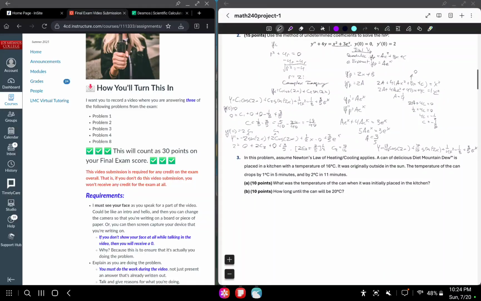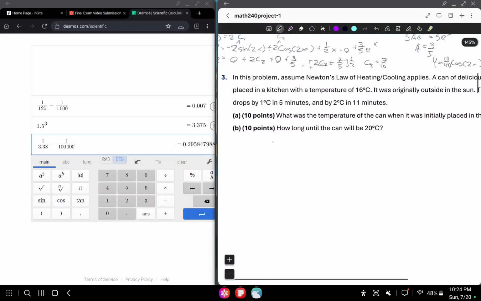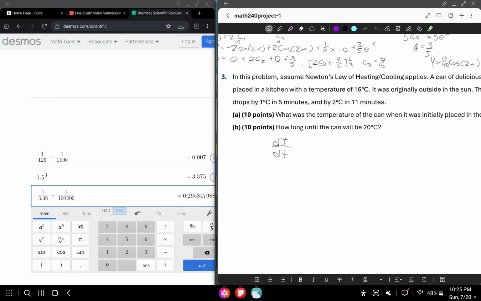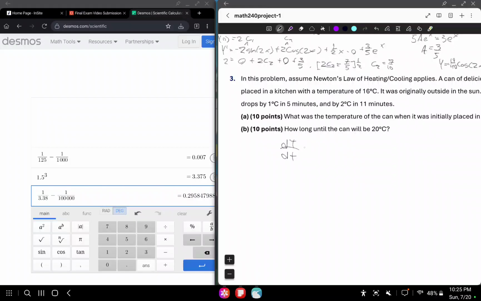3, I can do 3, right? 3, okay. Newton's law of cooling, so dT dt equals, just have to look up the formula, equals k times (T_L minus T_M).